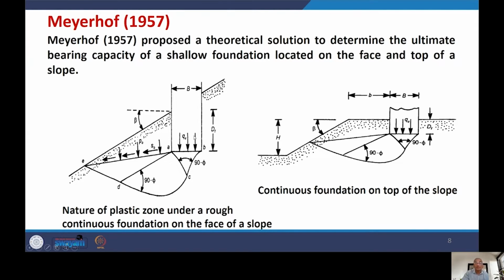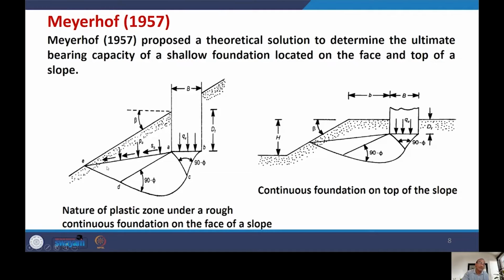Then the footing is subjected to what is called the surcharge q. This slope makes an angle beta with the horizontal, so beta is the angle of inclination of the slope, and q is the surcharge acting at the base of the slope.